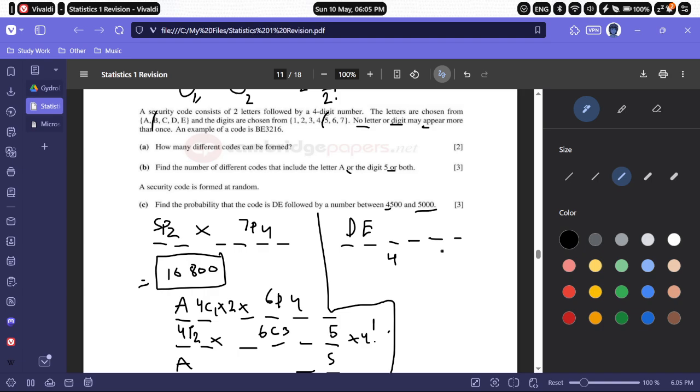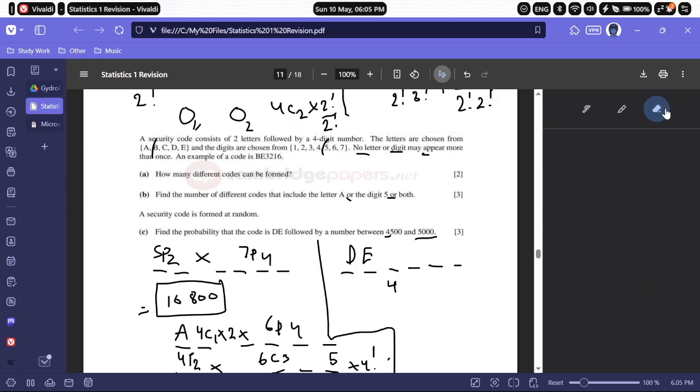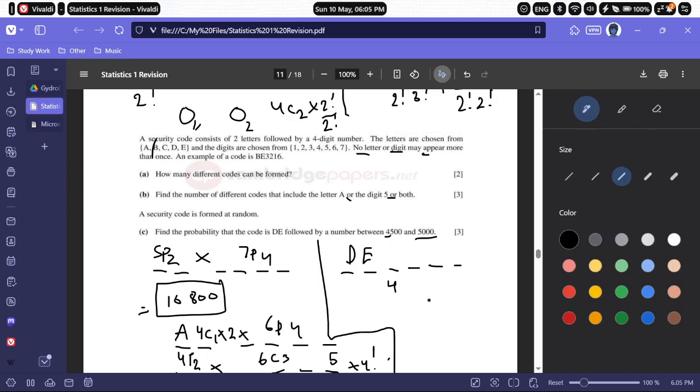Now after that, since they're telling you between 4500 and 5000, this has to be 5 or greater. So what are all the digits that are 5 or greater? You have 5, 6, 7. Now when you use this sort of a method to find the probability, just make sure that you're accounting for the fact that no letter or digit may appear more than once, because that's really important.